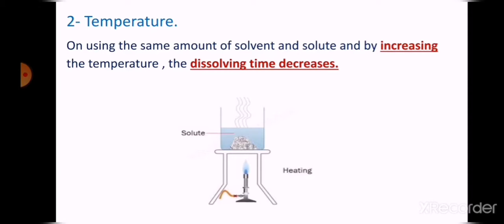And then stir. You can observe that the sugar in the hot water takes a shorter time to dissolve. So, by increasing the temperature, the dissolving time will decrease, so the solubility process will increase.